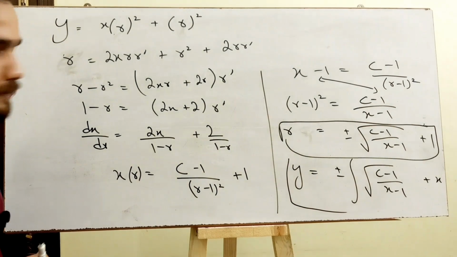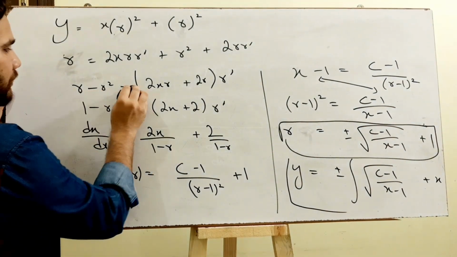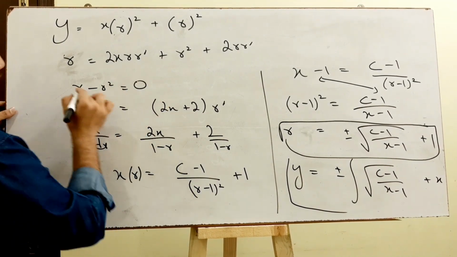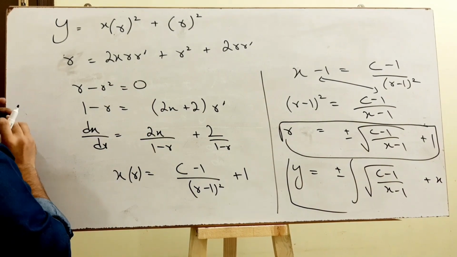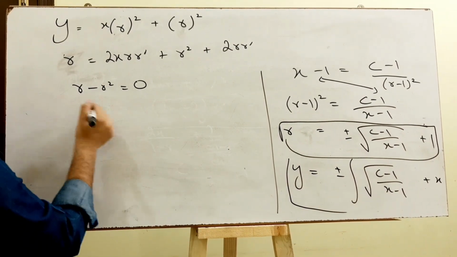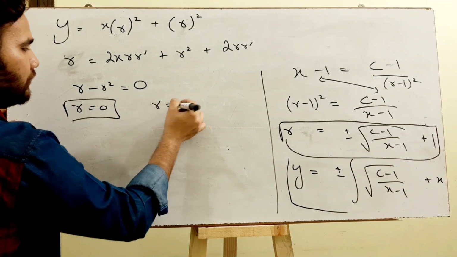And for singular solution we have to say that this part equals 0. If r minus r square equals 0, then it implies that r equals 0 or r equals 1.